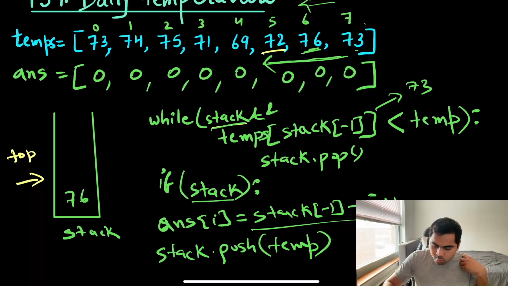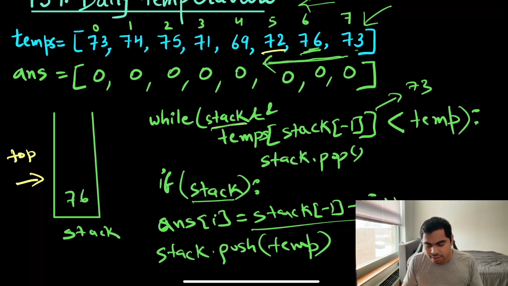And by the way, this was safe to pop out, because the only reason I'm popping it is that I'm seeing 76. 76 is greater than 73, so it's safe to pop out 73, so that 76 can cover, since it appears before, for all the 73 values.